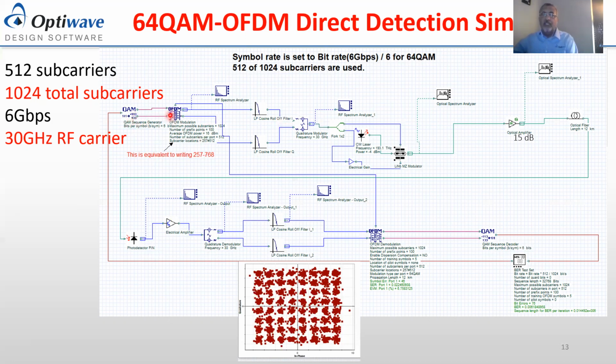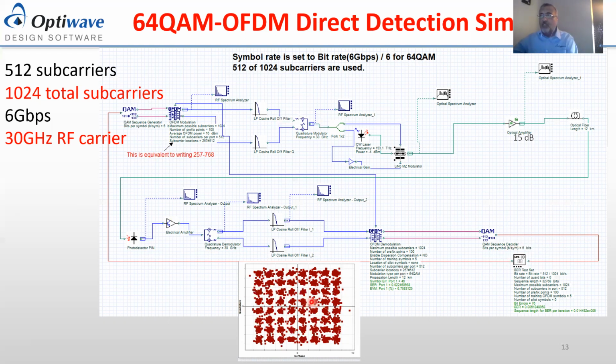Then this modulated data is carried over the subcarriers, and then carried over a 30 gigahertz RF signal, and then modulated with the laser, amplified and transmitted over the fiber, and then detected. In this scenario it is direct detection, and then demodulation, and then the OFDM signal and the QAM signal are detected, demodulated, and the bits are compared.